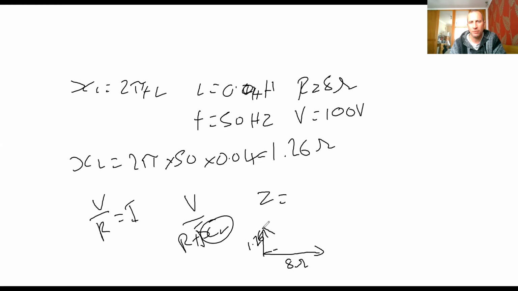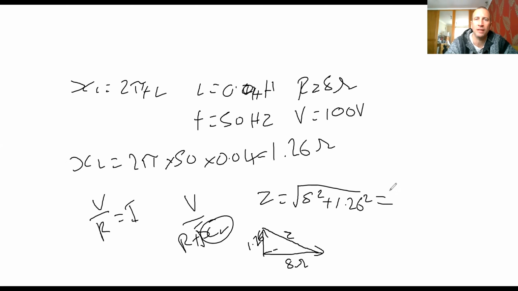And the actual strength of it is this length here, which would be the hypotenuse of this triangle. So all we need to do is use Pythagoras' theorem to work out what this length would be. So this would be 8 squared plus 1.26 squared. So we get total impedance with those two values.